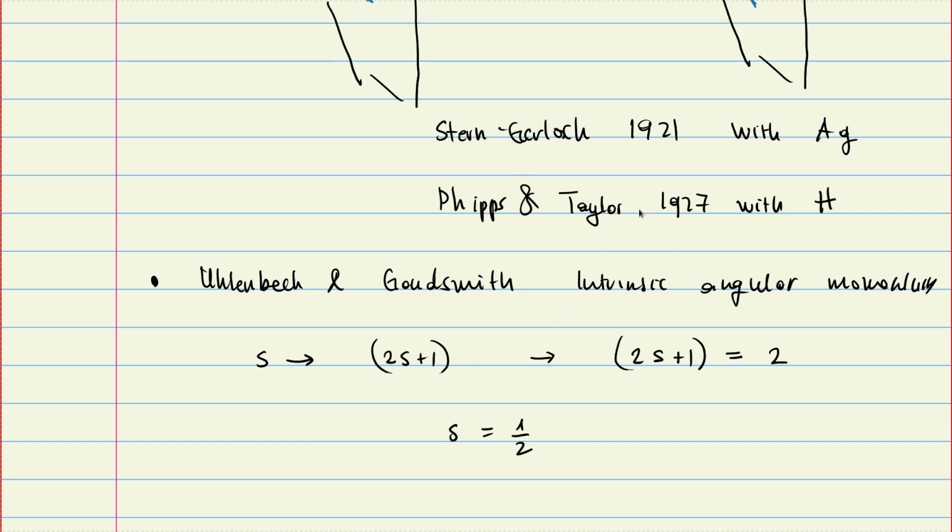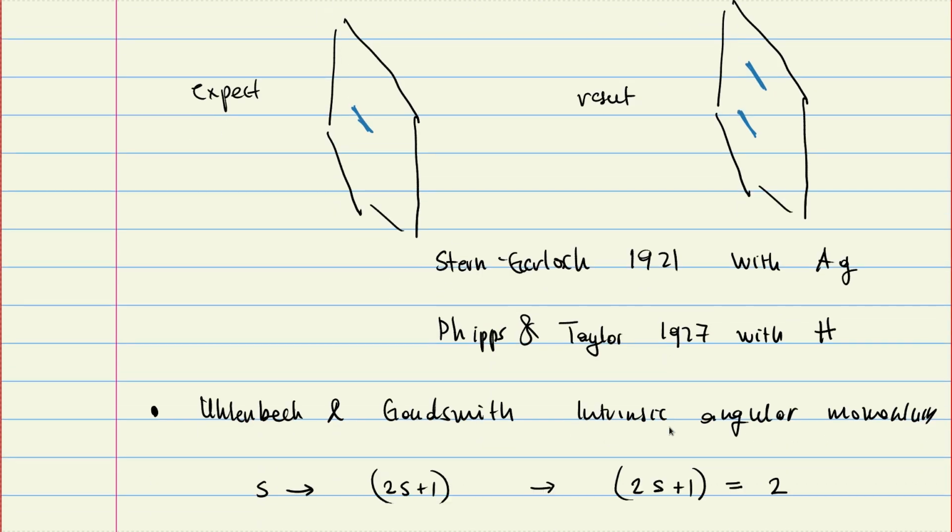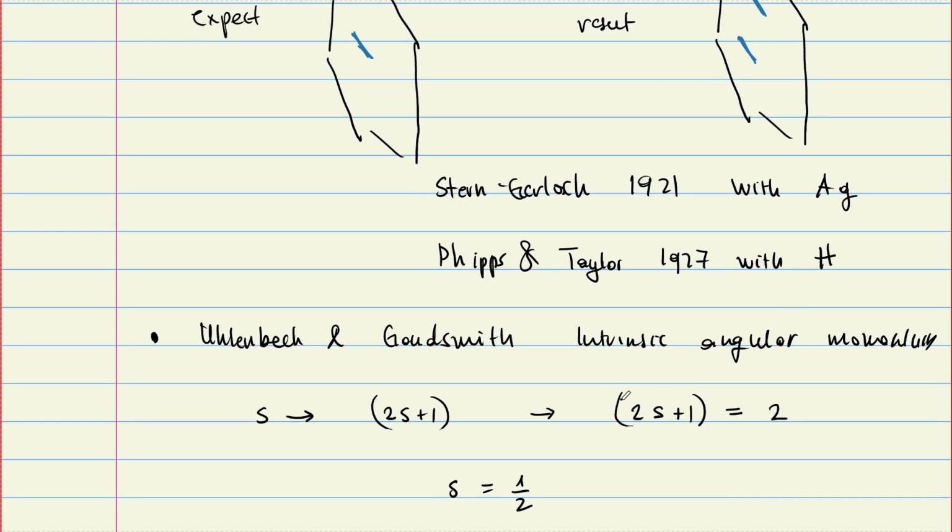Because there are two lines, we split the lines into 2. If we split in 3, it would be like 3 here, and L would be 1. If we split to 0, there would be one line, S would be 0. If this is 5, S would be what? 5/2, and so on. However many lines you see should coincide. This is kind of like counting.